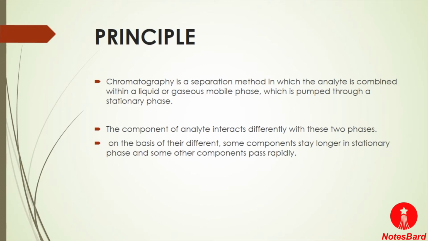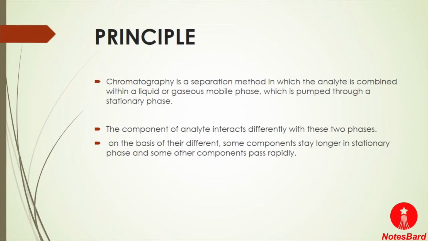In this method, the analyte is combined within a liquid or gaseous mobile phase which is pumped through a stationary phase. So there are two phases. The first is the mobile phase, which can be liquid or gaseous, and the other is the stationary phase. The mobile phase has the ability to move through the stationary phase, and the analyte is the pigment which is needed from the mixture.